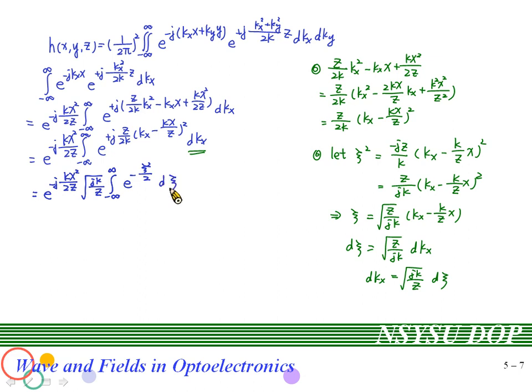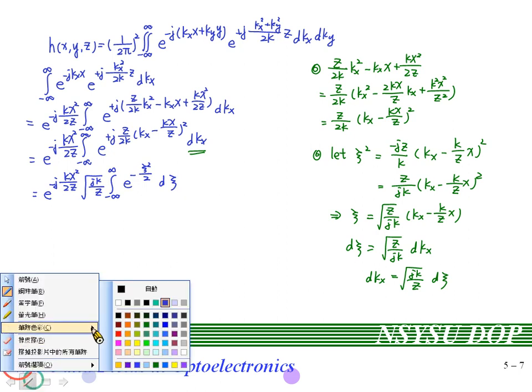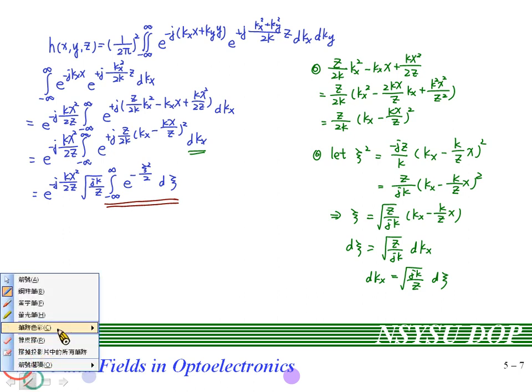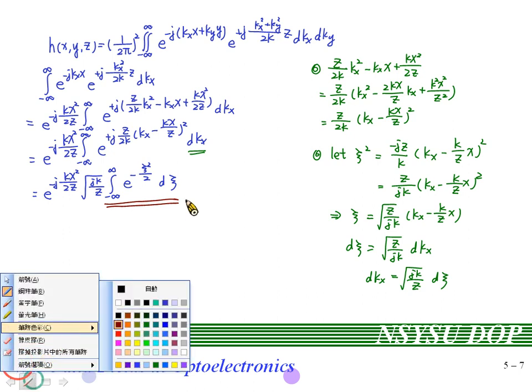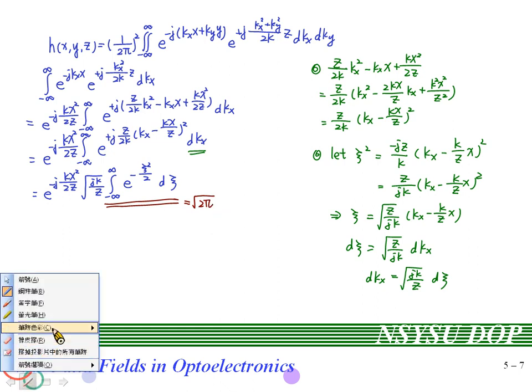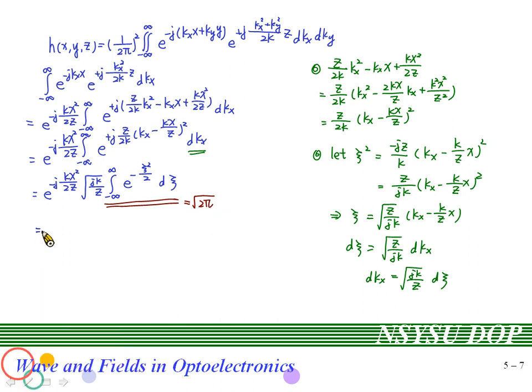Okay? And if you are very familiar with the integral equation, you will know that this integral will be equal to the square root of 2 pi. So the result will be square root of 2 pi times the following terms.